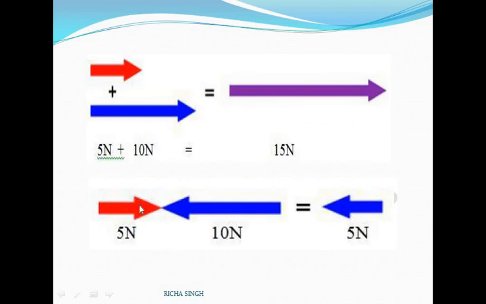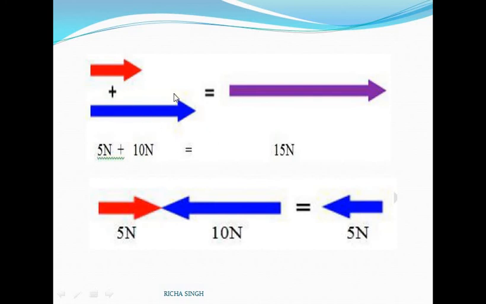If the forces of 5 Newton and 10 Newton are acting in opposite direction, then the resultant force will be 5 Newton. Why? Because if the directions of two forces are different, then the resultant force is subtraction. We subtract the values when the direction is different.